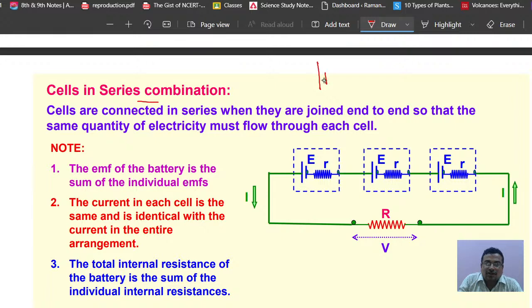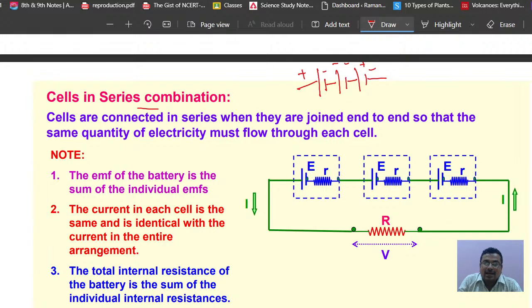This is the long terminal, the small terminal, and the group of cells is called a battery. As earlier we learned that resistances are connected, cells are also connected. The group of cells is called a battery.